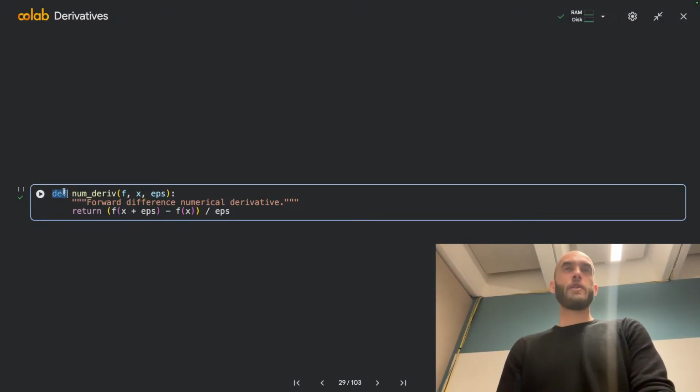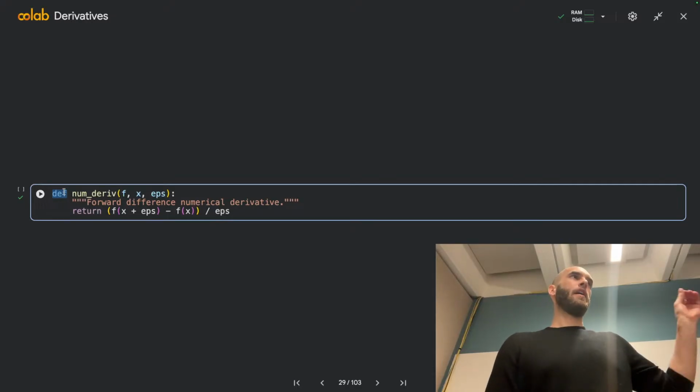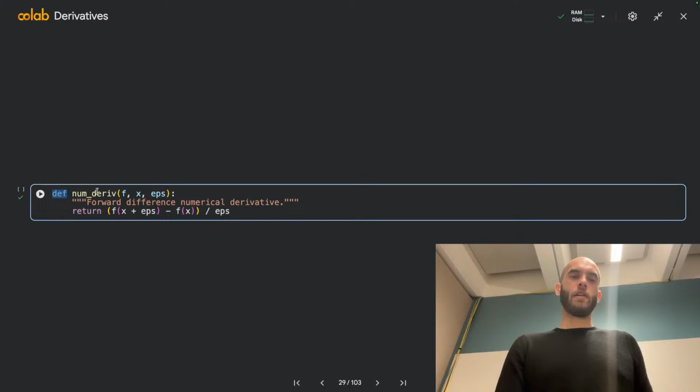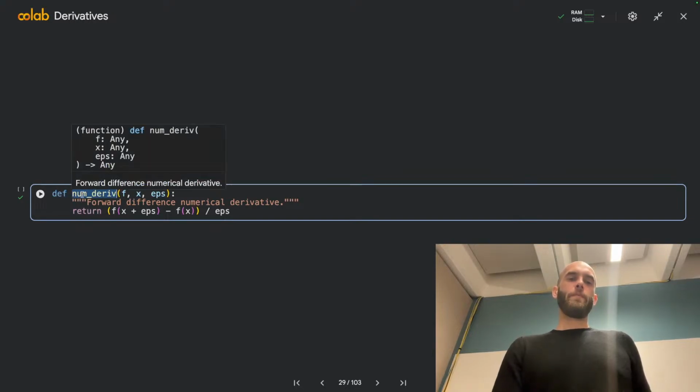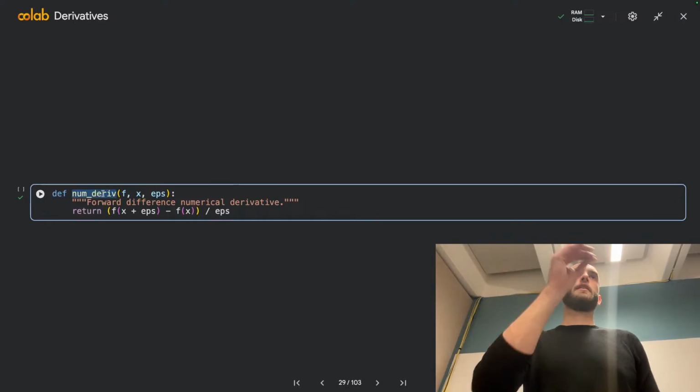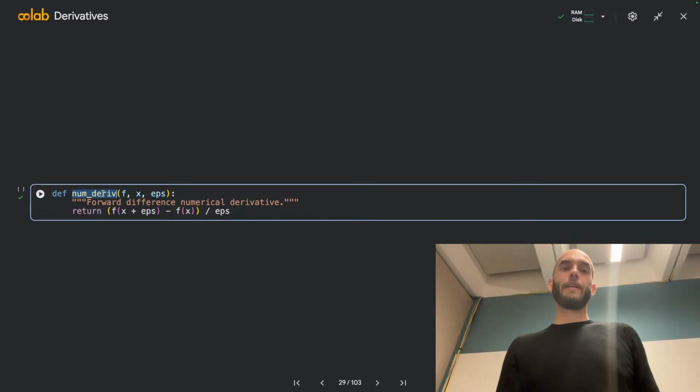This is def, so this is defining a derivative. From here on out, after we run this cell, because we're defining num deriv to be this thing, num deriv will be a specific thing that we've defined it to be. We have parentheses, and inside the parentheses, we have arguments.